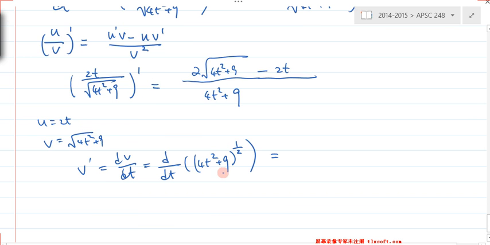If you're not comfortable with this, you can apply the so-called chain rule. So you can let, let's say, w equal to 4t squared plus 9.